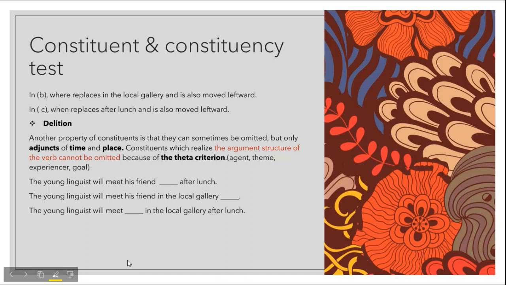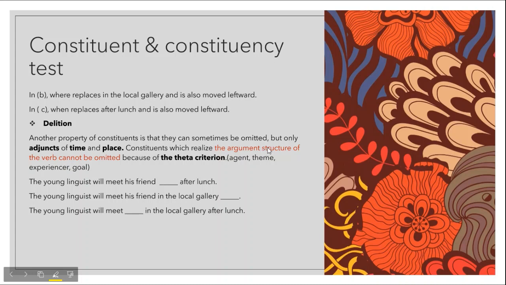The next test is deletion. Another property of constituents is that they can sometimes be omitted. Okay? Just a moment.